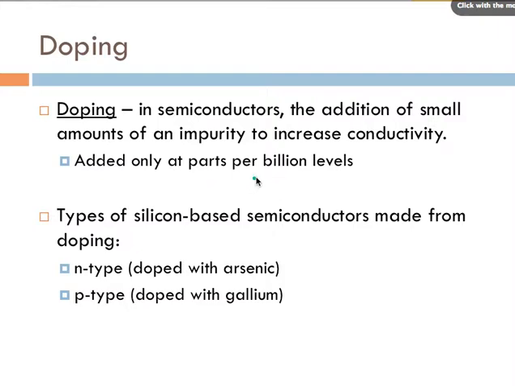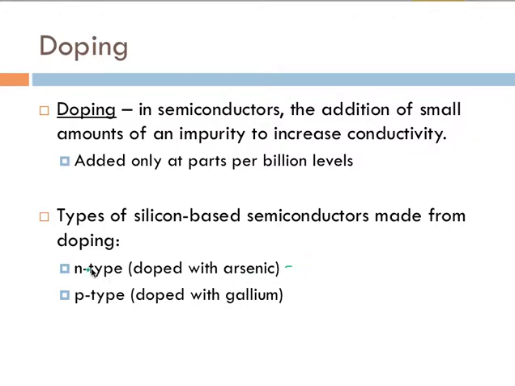The types of doping that is done, you either make an N-type semiconductor or you make a P-type semiconductor. The N-type, you actually dope this with arsenic or another group 5 element to make what is known as a negative carrier.